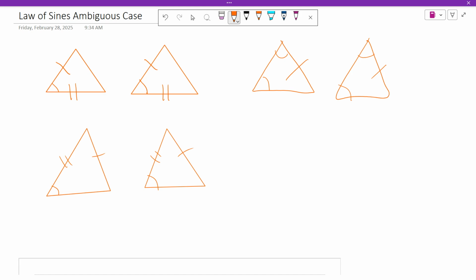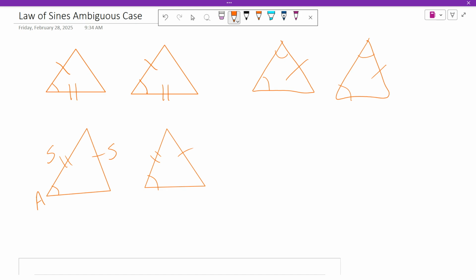What's this one? Angle side side. If you try to use angle side side, it made a donkey out of you, right?